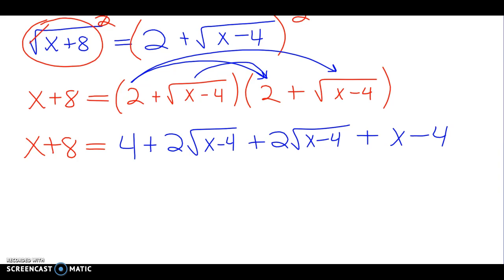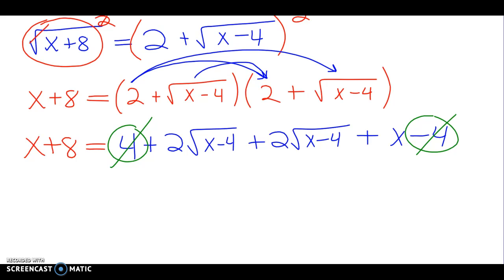Now once again, this looks kind of rough, but some stuff's going to cancel out here. Does anyone see something that's going to cancel? The 4s, right? So I have a 4 in front and then minus 4 in back. So bam, you're gone. Yeah, the x's are going to cancel. Do you see how?